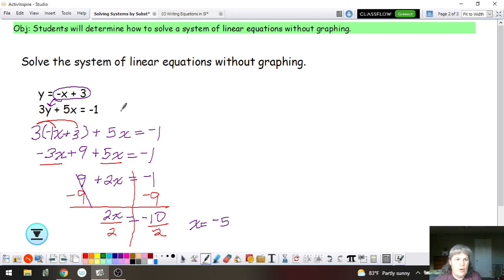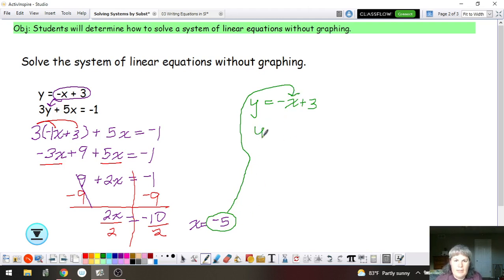To solve for y, you can choose either equation, but since we already have one equation that's y equals, we can take the equation that's y equals negative x plus 3, and we can take this negative 5 and plug it in for the x.